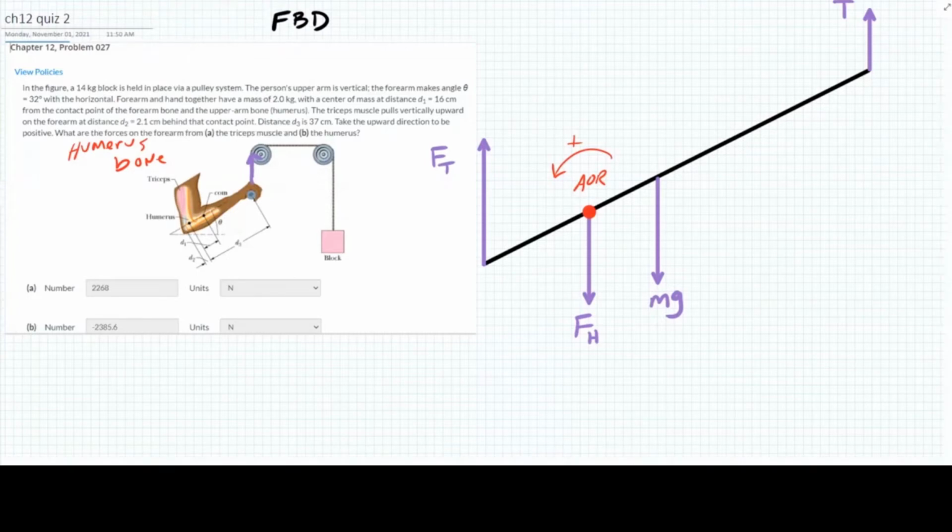For FT, and let's remember what a position vector is. It's from the AOR to the force point of application. So I'm going to call this L1 for lack of any good reason. That's the position vector between the AOR and FT. Here's the position vector between the AOR and mg. Let's just call that L2.